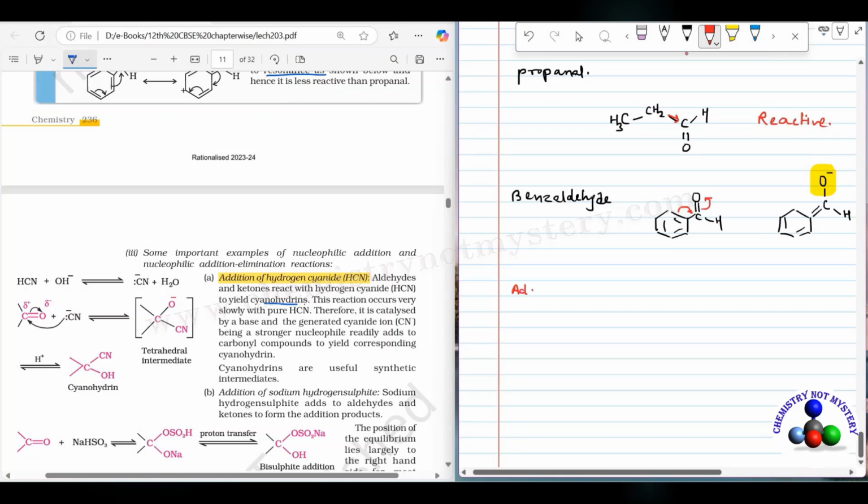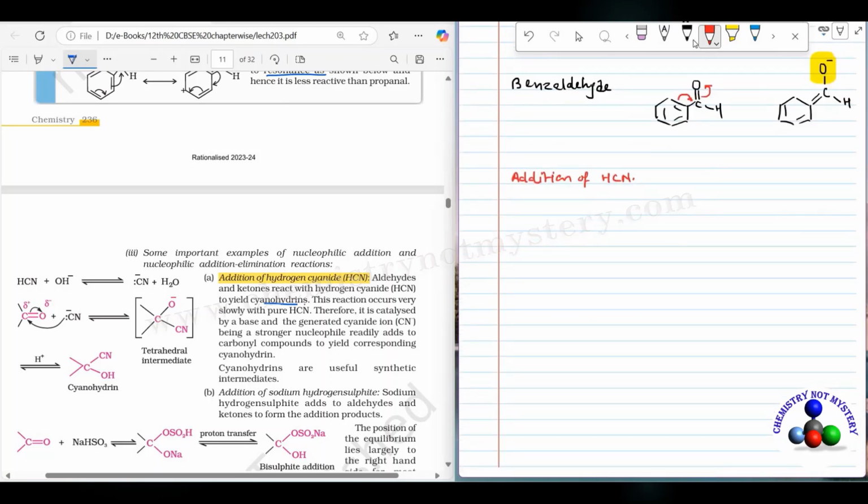So here we are going to discuss the addition of HCN. For the addition of HCN, you have to take a base. So this is HCN.